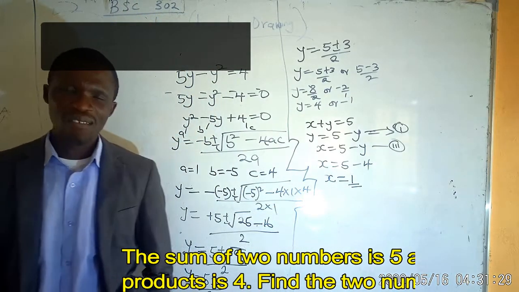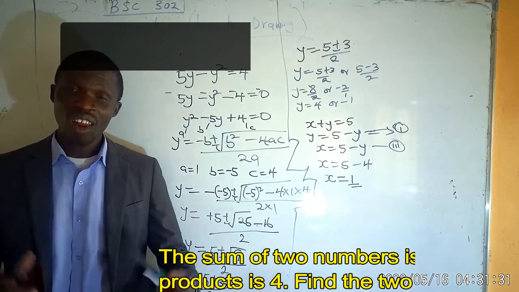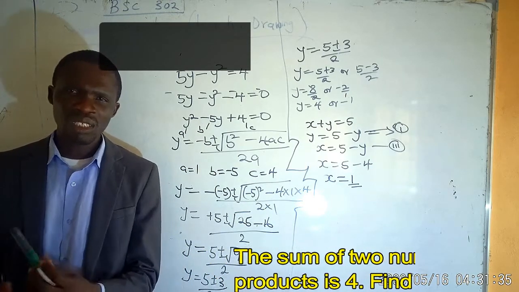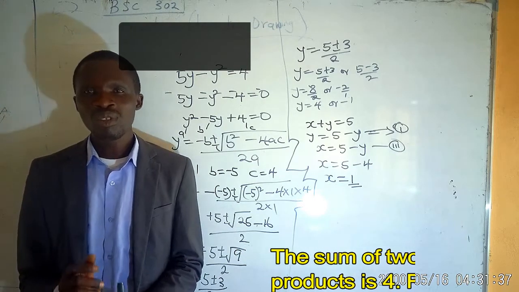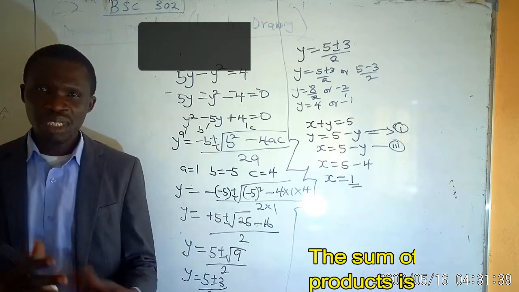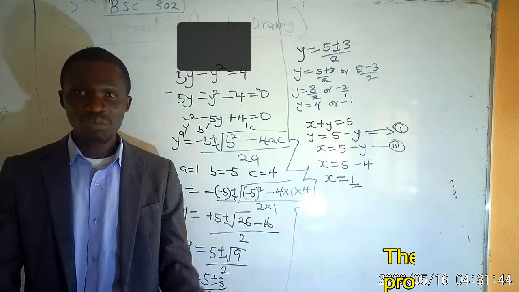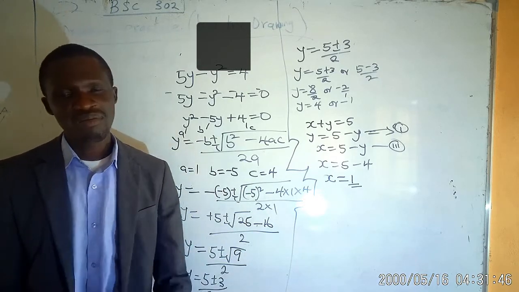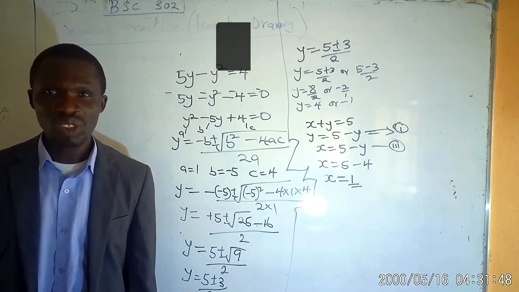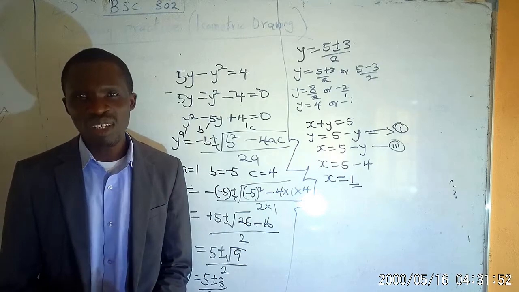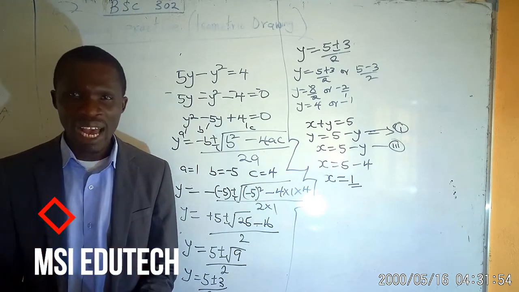Wow. This is a little bit long, but there's nothing called long in mathematics as long as you know the steps and you know the basic principle that guides each question. So now let's prove the question. The question is, the sum of two numbers is 5.